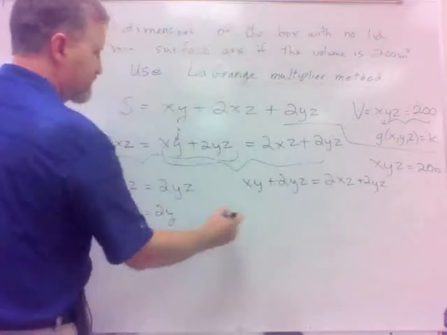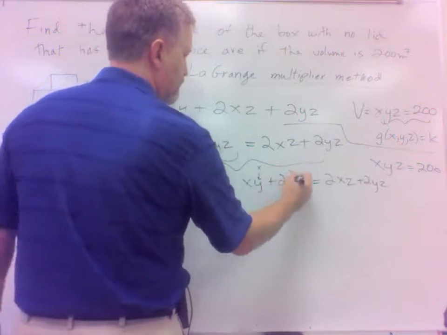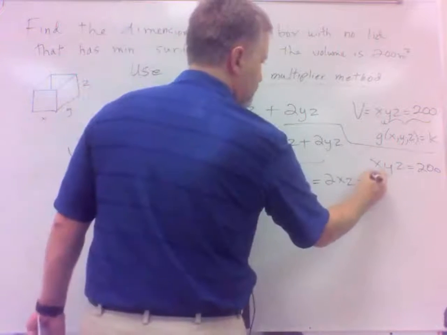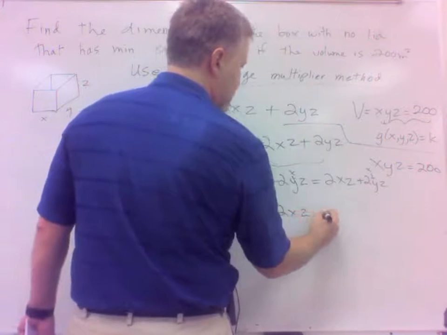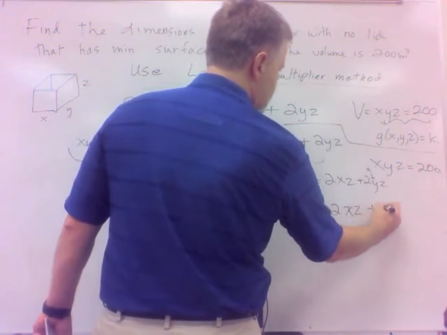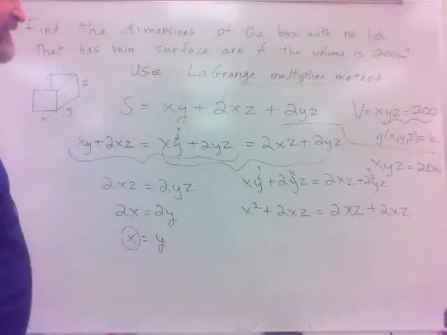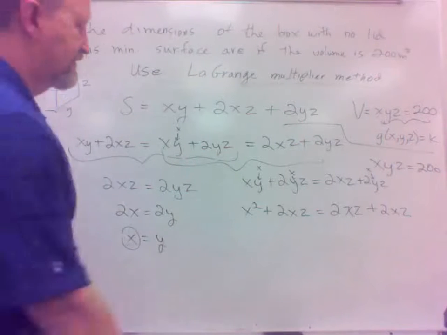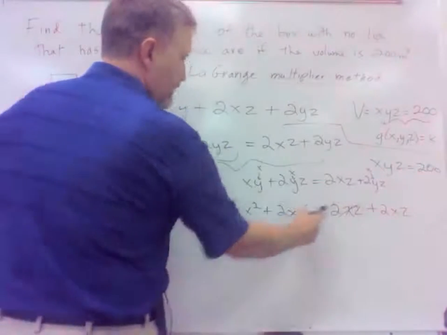If I make the substitution y equals x: x squared plus 2xz equals 2xz plus 2xz. Subtract 2xz, so we get rid of that. So x squared equals 2xz.